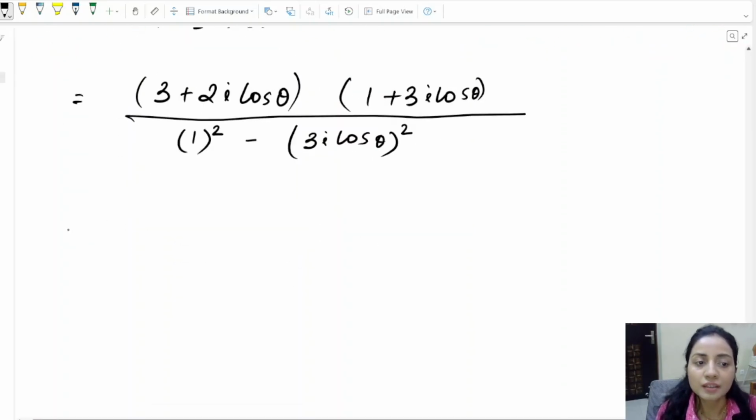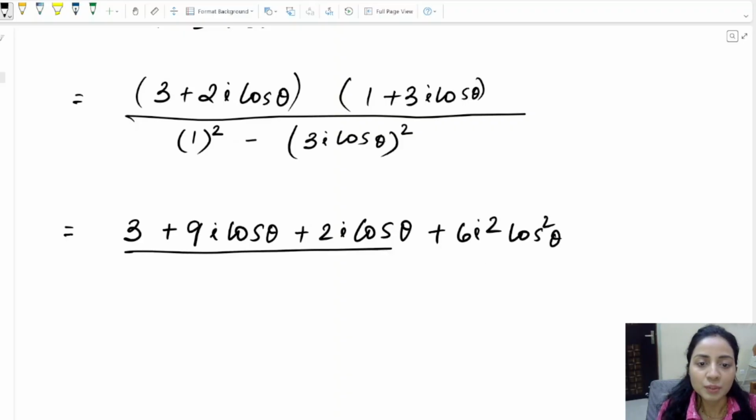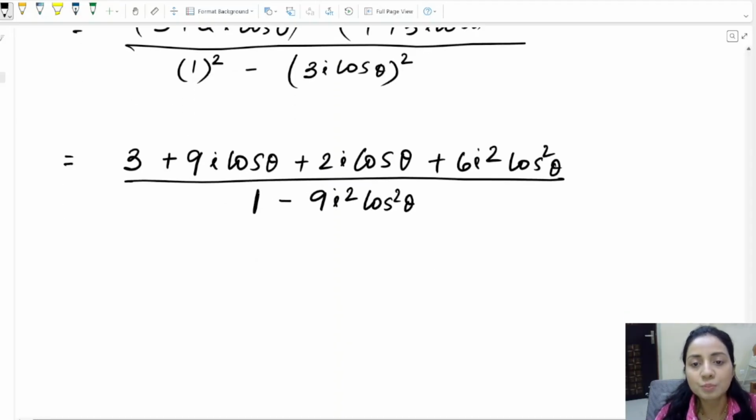Let's open the bracket in the numerator's part. So we'll have 3 plus 9i cos theta plus 2i cos theta plus 6 i square cos square theta. The denominator will be 1 minus 9 i square cos square theta. As we know, i square is equal to negative 1, so we will put the value of i square over here. 3 plus 9i cos theta plus 2i cos theta.